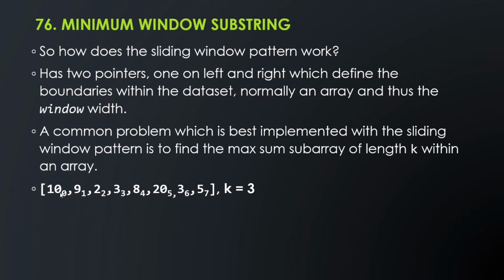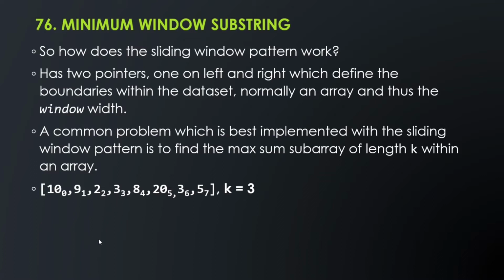Then because we already have the sum of these three, 10, 9, and 2, when we slide over the pointer on the left and the pointer on the right, we simply subtract the previous value and add the new value that's in the window.